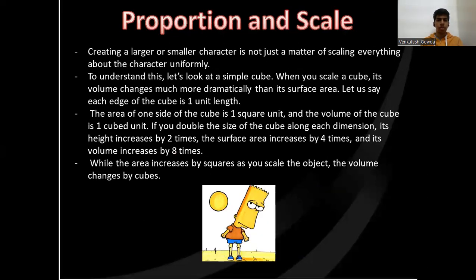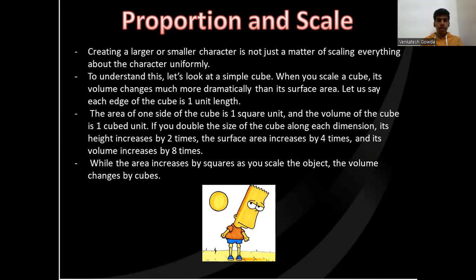Now we'll discuss proportion and scale in animation. Creating larger or smaller characters is not just a matter of scaling everything about the character uniformly. To understand this, let's look at a simple cube. When you scale a cube, its volume changes much more dramatically than its surface area. Let us say each edge of the cube is 1 unit length.